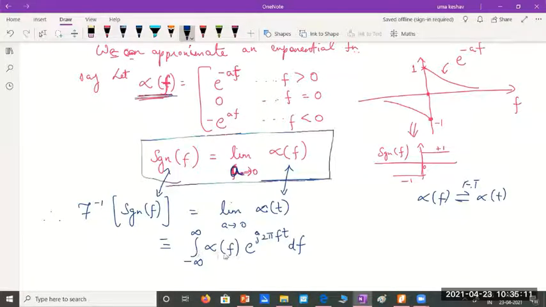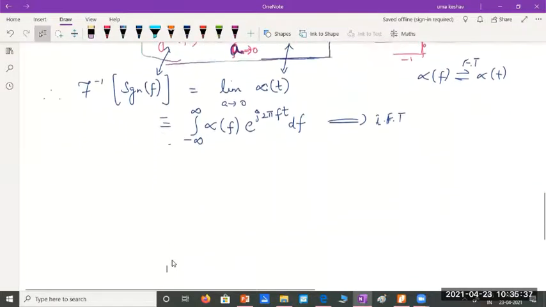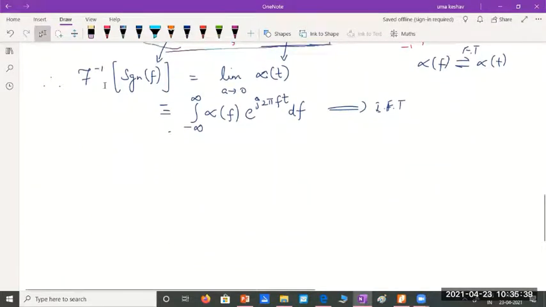This is the equation for IFT. To find the inverse Fourier transform, take the given signal, multiply it with e power j2 pi ft df and integrate it between minus infinity to plus infinity. That's how you're going to find the IFT. Now all you have to do is substitute and simplify. Do it.